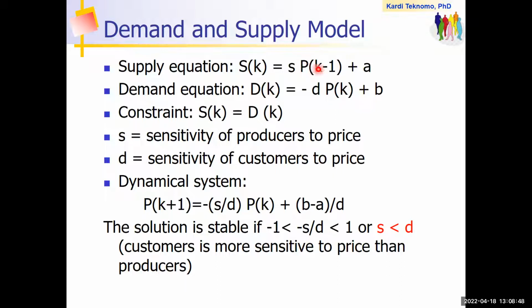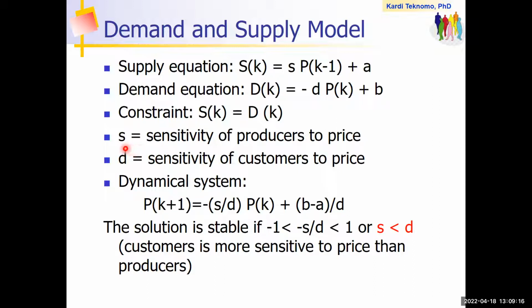P is the price, k minus 1 is last year, and there is a certain parameter a. And then the demand of this year depends negatively on the price of this year, with a certain parameter b for the price, D and P. And then the constraint that we want is supply equal to demand, right? So this is the meaning.